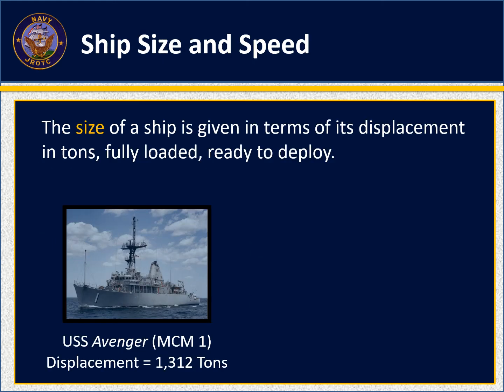Right. Two other common terms that we use when we're talking about ships is ship size. Ship size is normally talked about in displacement. Displacement is how much the ship weighs. U.S. Navy ships are normally weighed in what we refer to as long tons. A long ton is 2,240 pounds. Now, a regular ton is straight up 2,000 pounds.